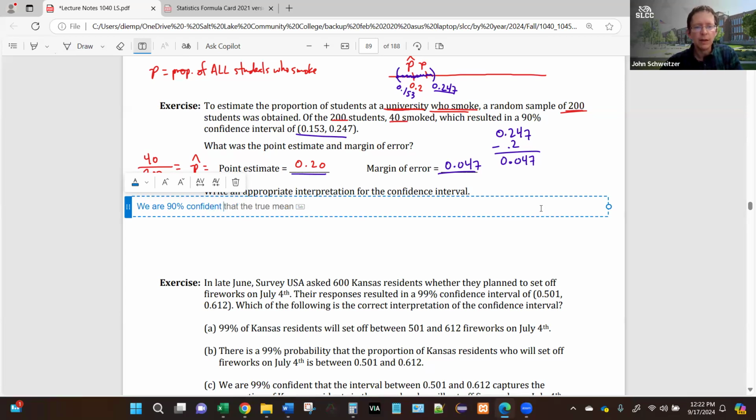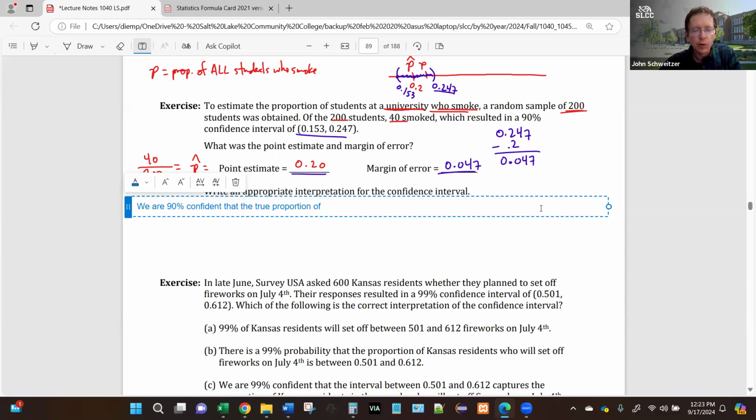We're 95% confident that the true proportion of, okay, so if you want to lose all your points, then you talk about the 200 students, right? We're not talking about a sample here. We're talking about the whole population, right?